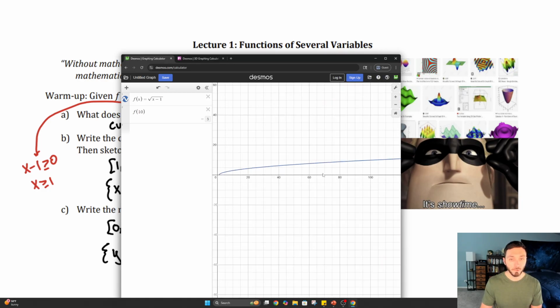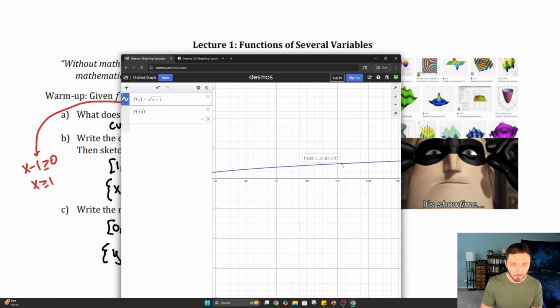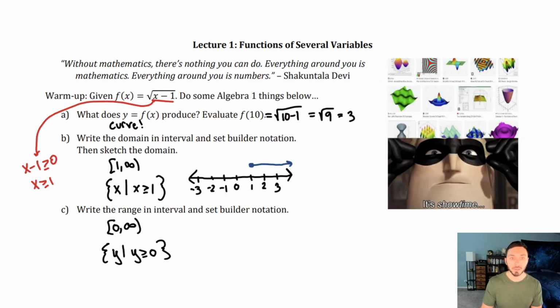We just hit it way down the line. We hit it somewhere over here-ish, right? At 101. So in terms of the range, that's a single variable output, in which case interval notation is just fine. There's no issues with this at all. However, let's just match the cadence of sticking to set builder, and that's kind of what we're transitioning to. We would just say all the y values where y is greater than or equal to 0.